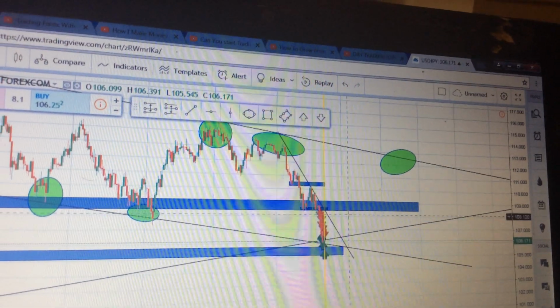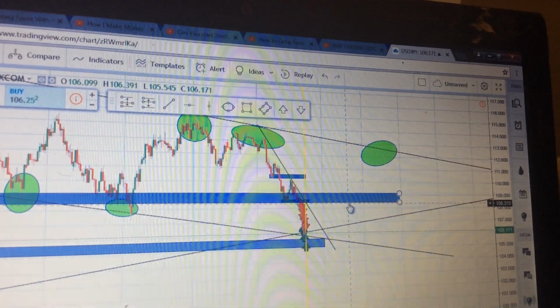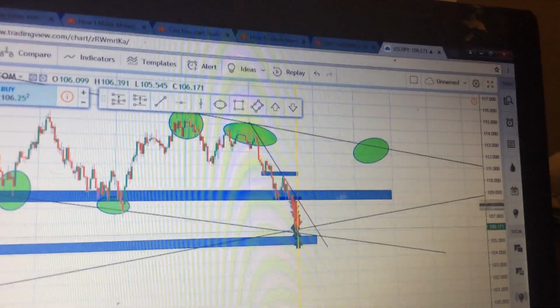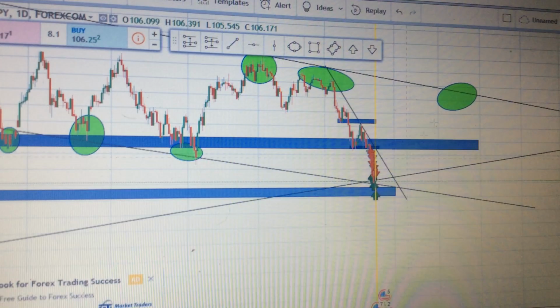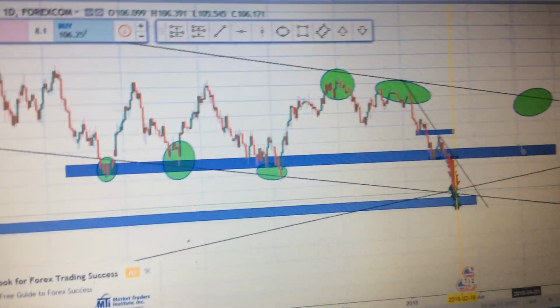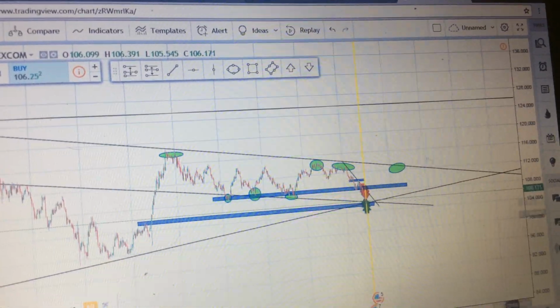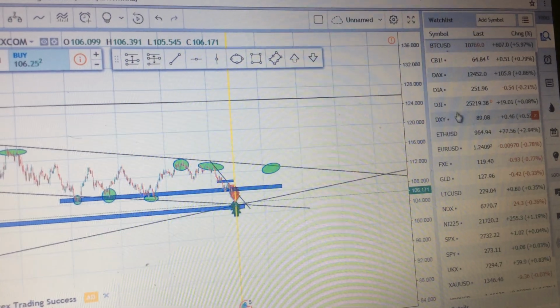So I'm guessing that's going to be the resistance now. So if anything, we'll pop back here and continue short, or we'll pop back and see what kind of price action we have there, and then go to the upside. That's not too bad for the USD Japanese yen.